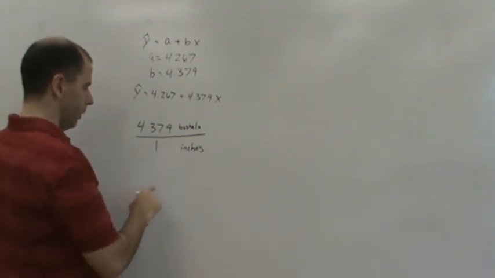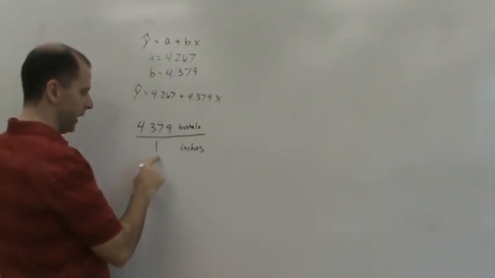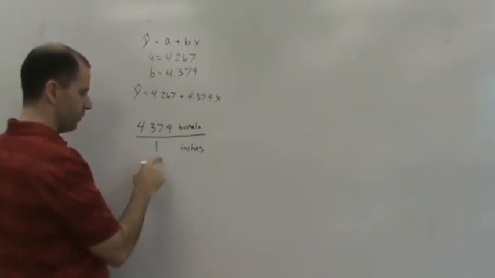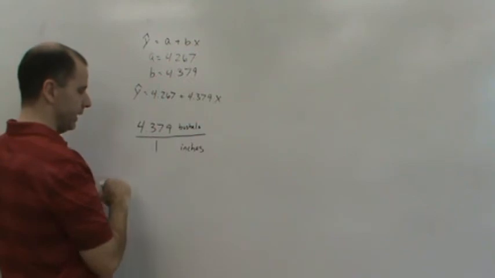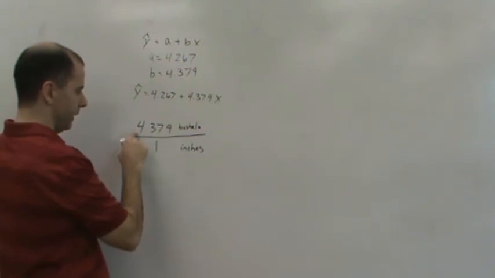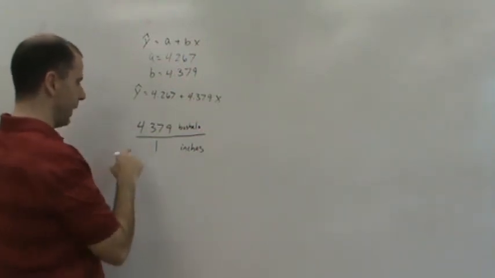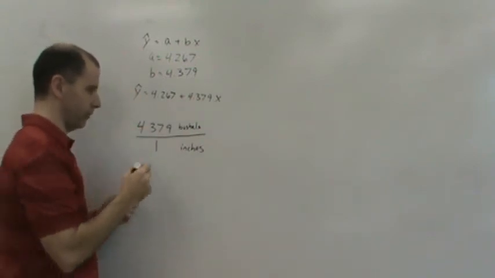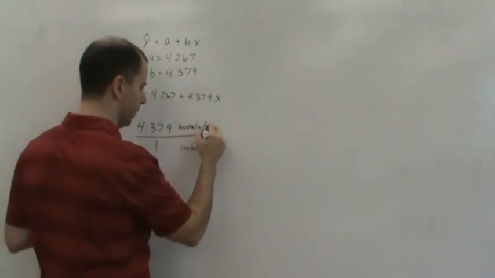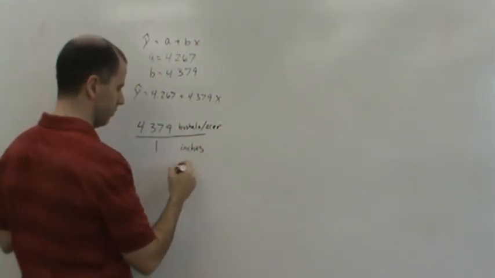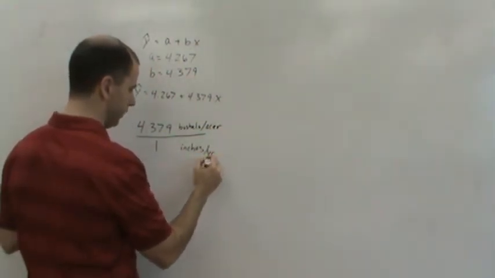Well, for every 1 inch increase in annual rainfall, I can expect an increase of about 4.379 bushels per acre. So again, this is bushels per acre, and this is annual inches, inches per year.